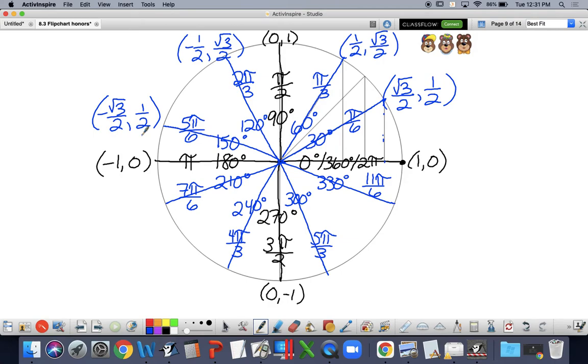What's my reference angle for 210? 30 degrees. So I just used these same values, but in this quadrant, everything is negative. So I have negative square root of 3 over 2, negative 1/2. Down here at 240, my reference angle is 60, so I have negative 1/2, negative square root of 3 over 2.